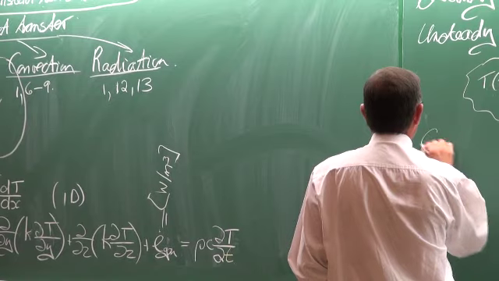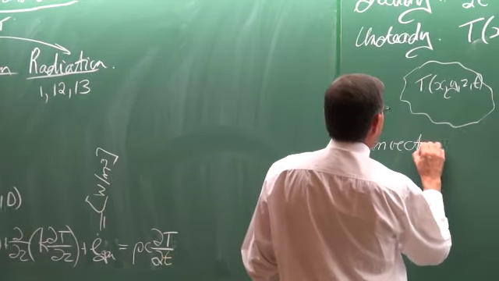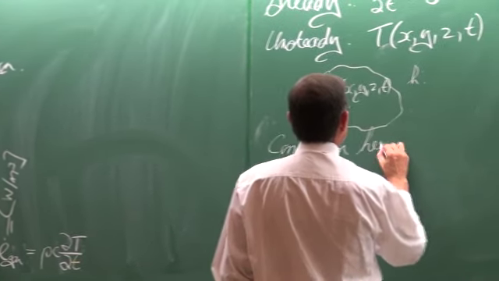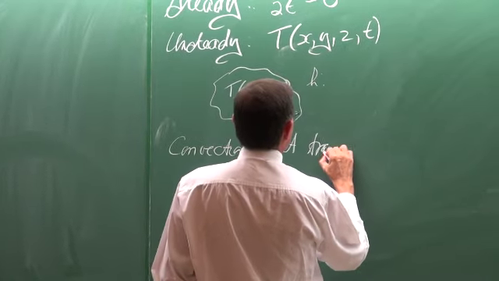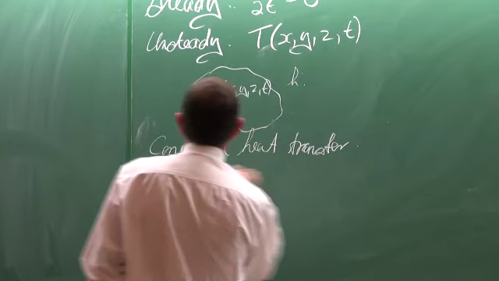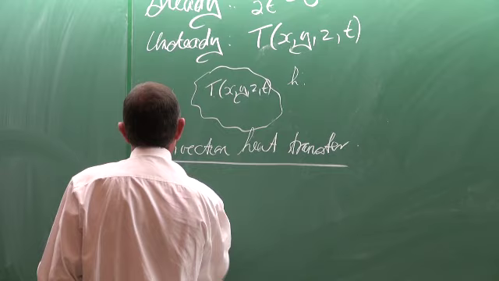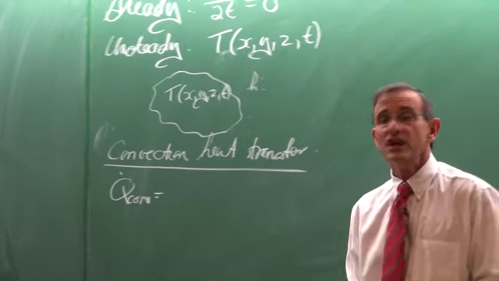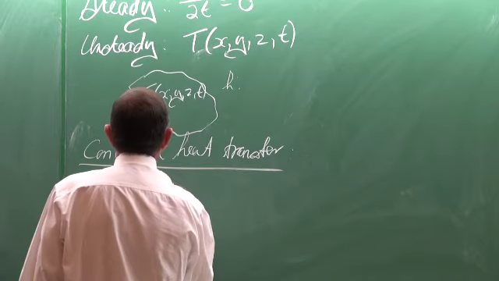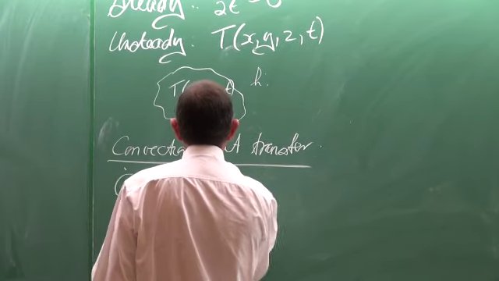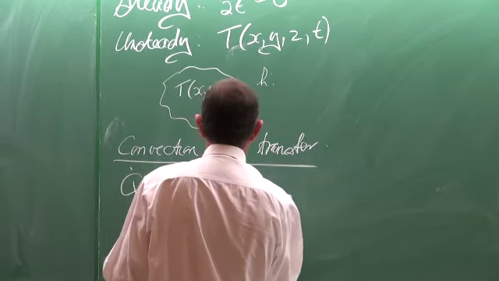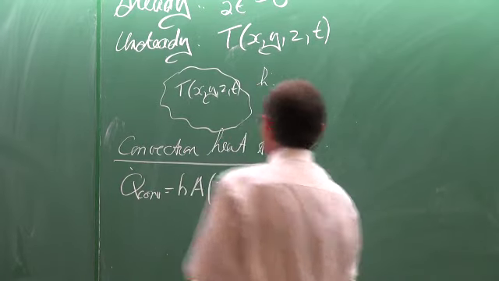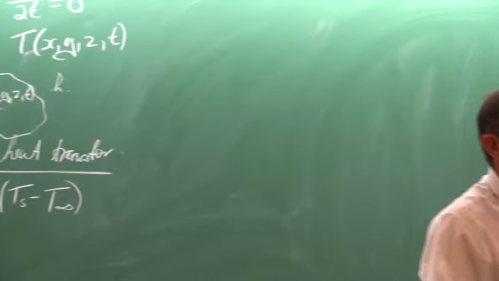The next category of problem is obviously convection heat transfer. Convection heat transfer is equal to the heat transfer coefficient multiplied by the area multiplied by the surface temperature minus the temperature of the environment.